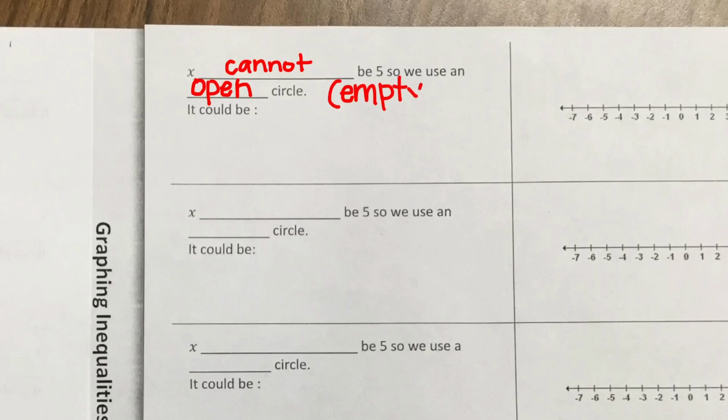That means it does not contain that value. It's empty. All right. So what was it again? X is greater than 5. All right, so it's empty. It can't contain 5. It has to be greater than 5.